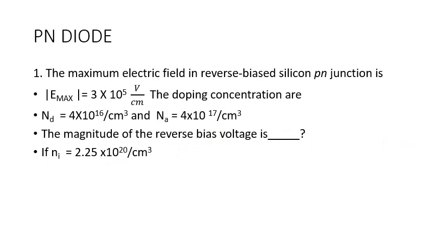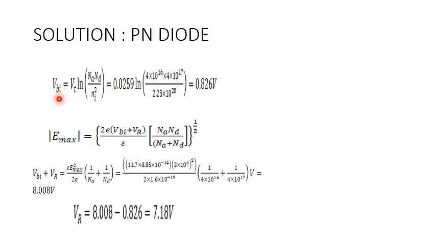Now we'll see how. We know the built-in voltage is Vt ln of NA·ND by Ni squared. You substitute the values of NA, ND and Vt, which is 0.0259, or you can write it as 26 millivolt. They have given the Emax value. Now you need to find the magnitude of the reverse voltage.